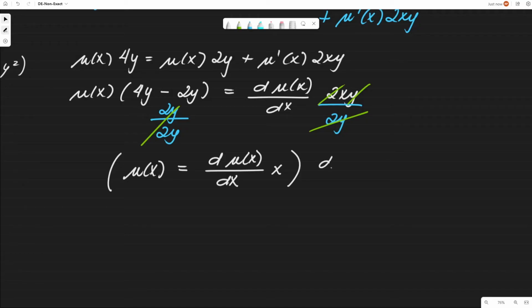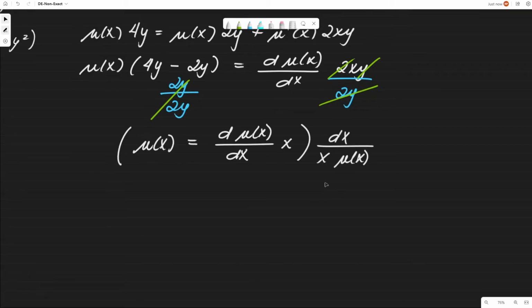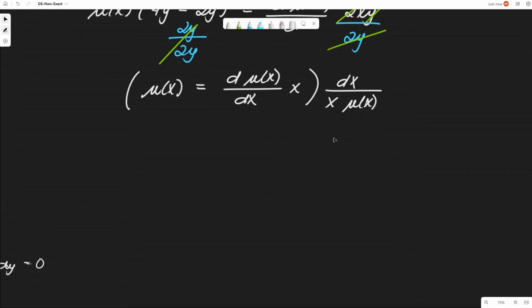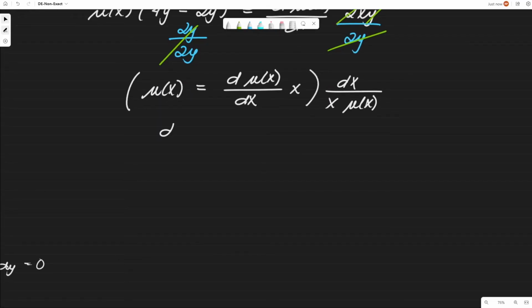So we'll have dx over x times mu of x. So you'll see, medyo similar siya dun sa nauna natin. So we'll have dx over x is equal to d mu of x over mu of x.